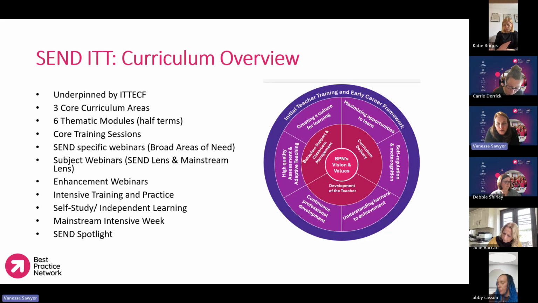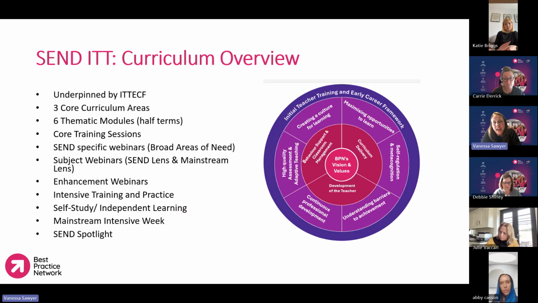The idea as well for the student teachers on this programme is that they may be in, for example, their employed school, which is perhaps SEMH. And so it might be that when they're having their training, there are particular training elements that don't directly relate to an area of need that the pupils they're currently working with are displaying.